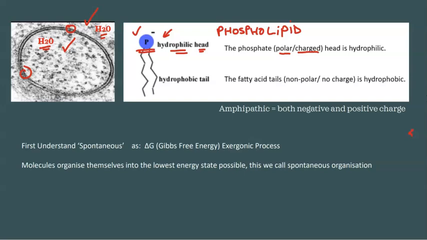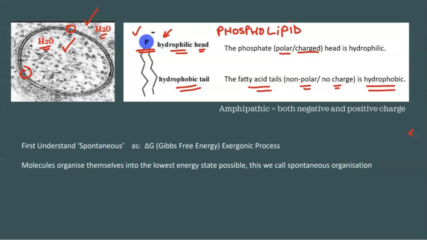Attached to the phosphate, there are two hydrophobic tails. These tails are both fatty acid tails. They are non-polar, they have no charge, and they are described as being hydrophobic, which is to say that they repel water.